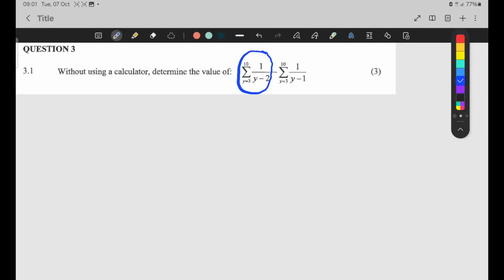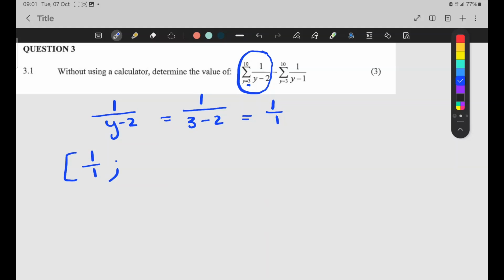So to get the first term, you sub in this number. I'm going to take this and sub in the first number. So to get term 1, I'm going to sub in 3. Then I get 1 over 1. So my first term is 1 over 1. Then for my second term, I'm going to make this the next number. So if the first number was 3, then the next number I sub is 4.